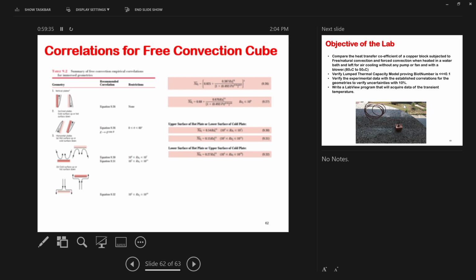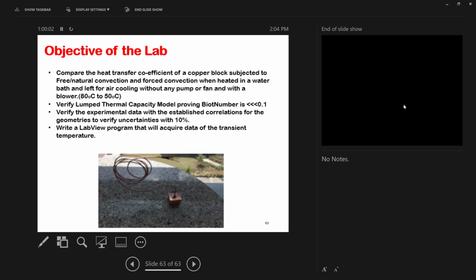I have different correlations listed here, which you cannot see on the projector, but it is in the lecture. So make sure to go over there. You have to calculate the Reynolds number, or the Grashof number for the free convection part, and then you can calculate the Nusselt number. From that Nusselt number, you can calculate the heat transfer coefficients. Okay, and that's it.